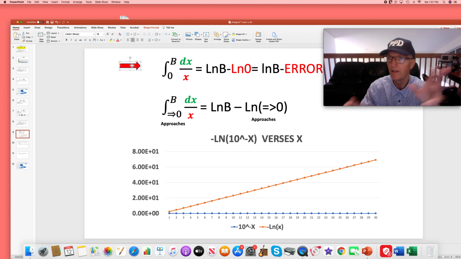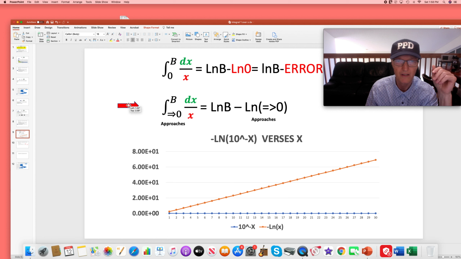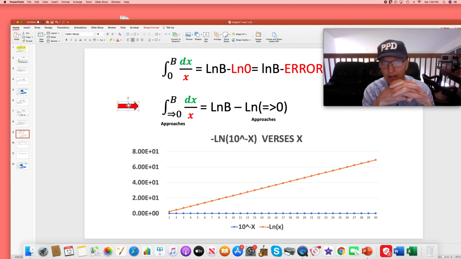And you know what? We showed that it was the area under the curve. Remember that yellow area? Depending on where you start and where you finish, you get a different area. So that's what this function does for us, the integral of dx over x. So what about the integral of dx over x where you start at 0 and go to b?